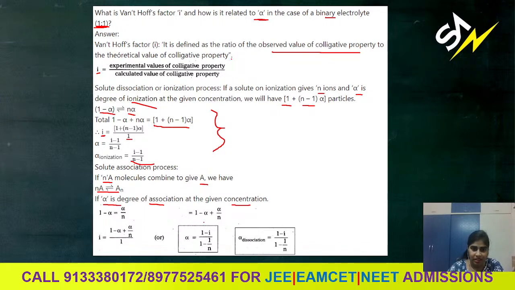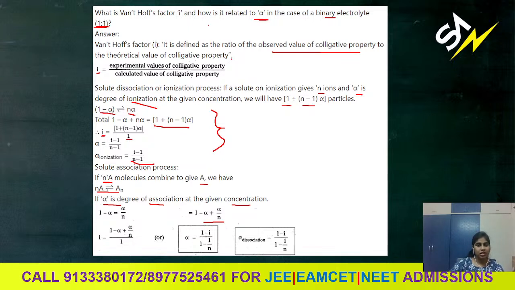From this we can get the i value as 1 minus alpha plus alpha by n. Similarly, with the help of this formula we will get this value. From this, if we determine alpha, we will get (1 minus i) over (1 minus 1/n). Simply, this is the derivation.